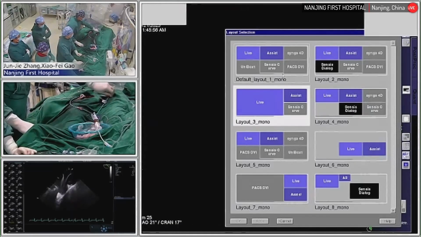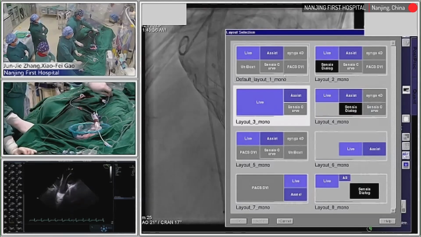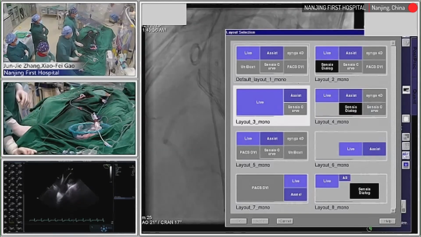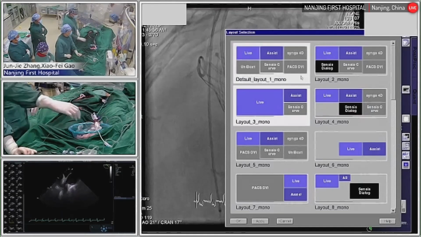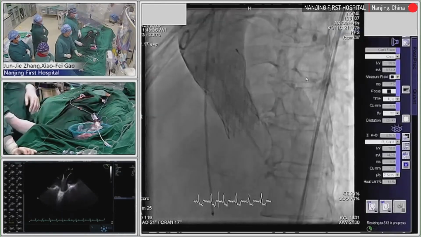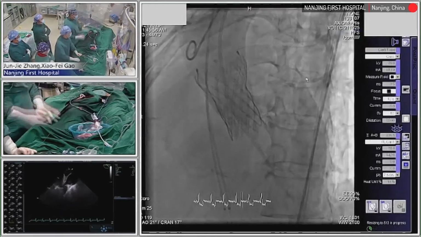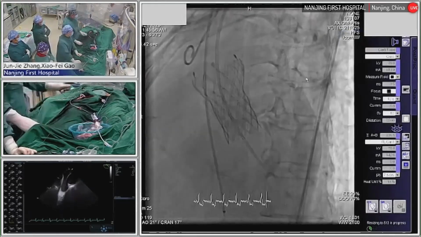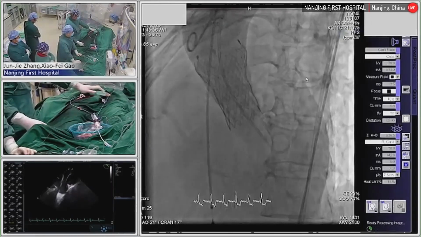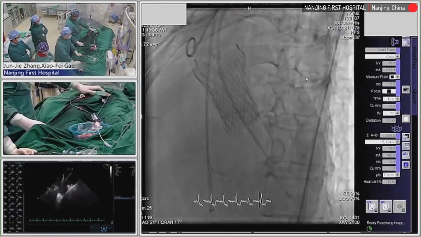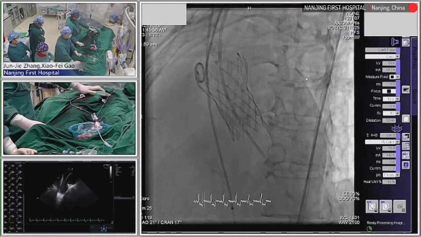Yeah, I agree. I think it's good position. Very, very minor regurgitation. And also the coronary is very patent. Okay, very excellent result. Professor, how do you evaluate the risk of the permanent pacemaker implantation for this patient?